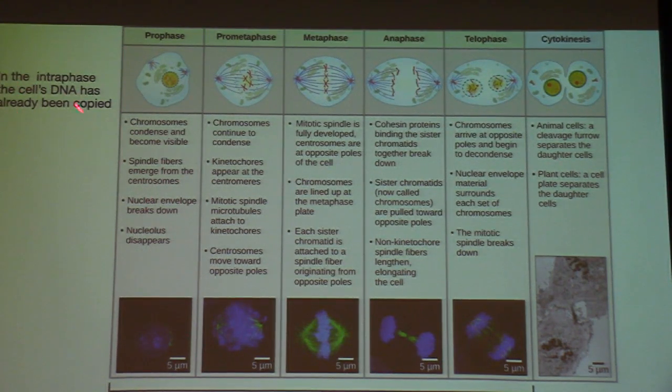We're in a phase now where it's already copied the DNA. Again, it's separation into those 2 ends, the 2 centrosomes at either end, and just ending up at the end with a process where it breaks into 2 new cells.